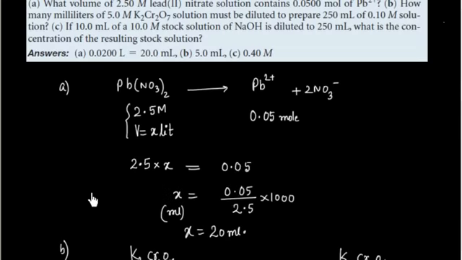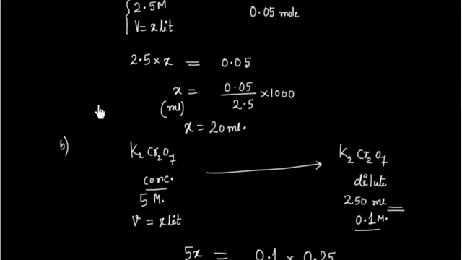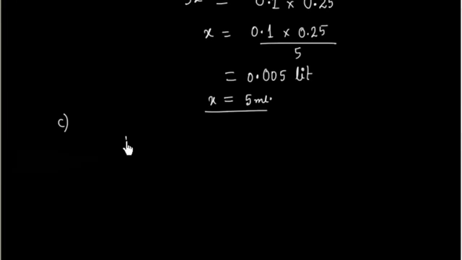Let us discuss part C. Now this says 10 ml of stock solution is diluted to 250 ml. A stock solution is generally a concentrated solution. What is the concentration of the resulting solution? So we have a concentrated NaOH, that is a stock solution.